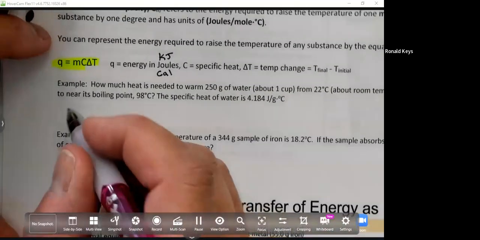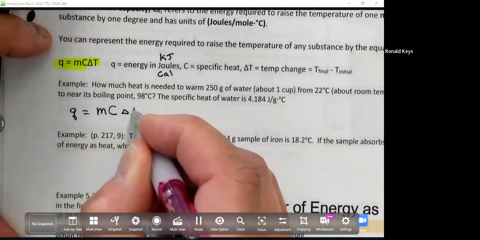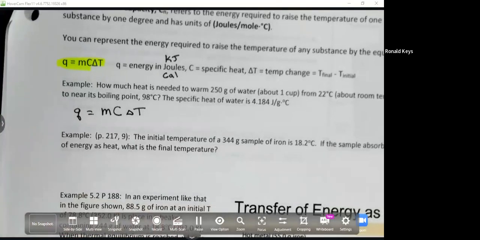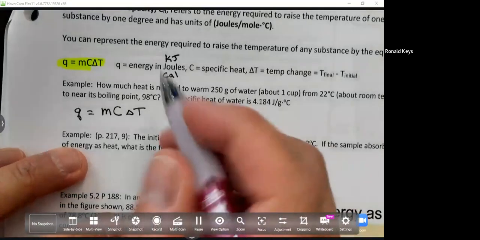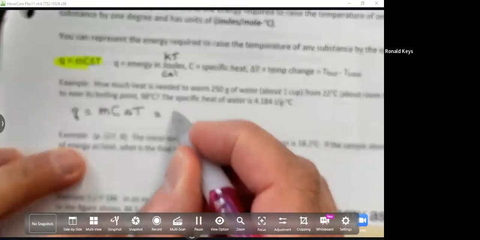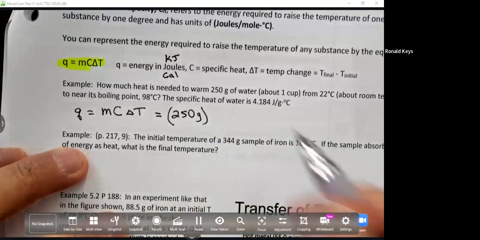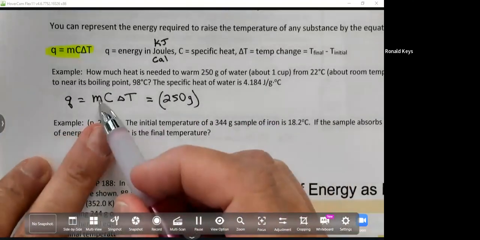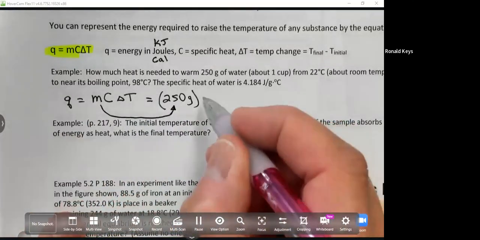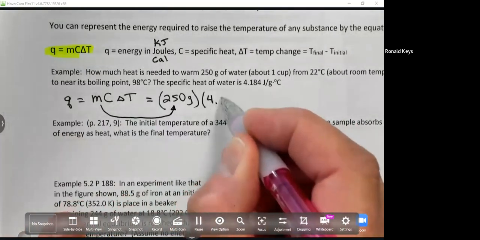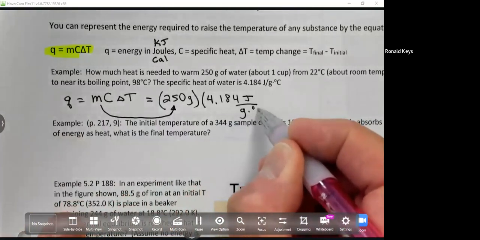So we are just going to do Q is equal to mc delta T. Let's plug this in. My mass of water is 250 grams. My specific heat is 4.184 joules per gram degrees Celsius.